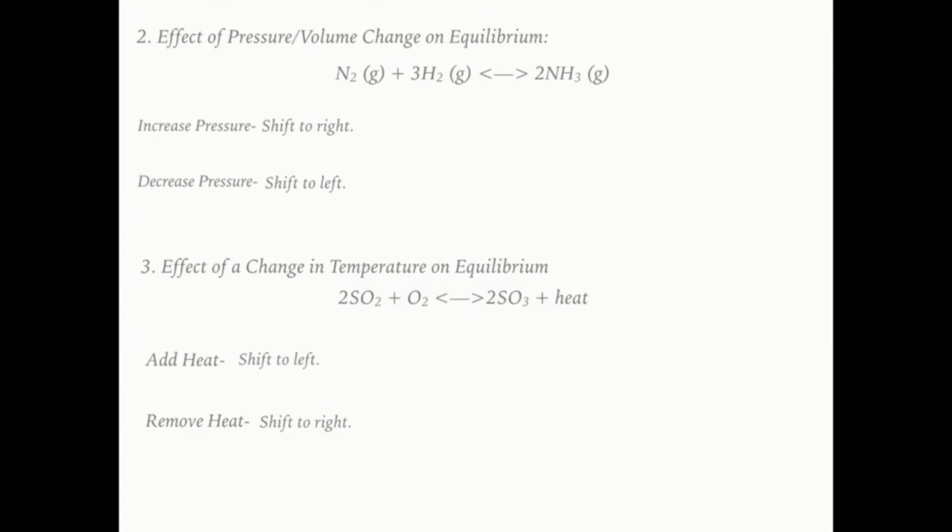If you shift to the left, you would increase the amount of SO2 and O2, and you would decrease the amount of SO3. But if you shift to the right, then you would decrease the SO2 and O2 while increasing SO3. So that's Le Chatelier's principle. You are putting a stress on your equilibrium and seeing how your equilibrium will respond in order to reestablish equilibrium.